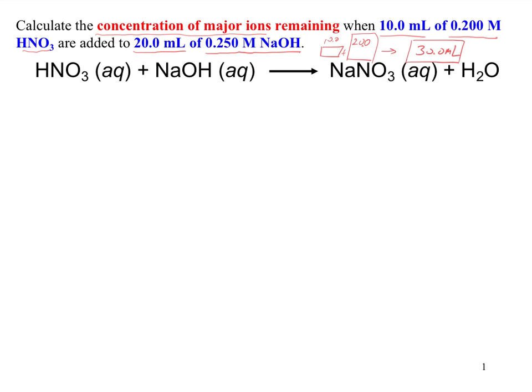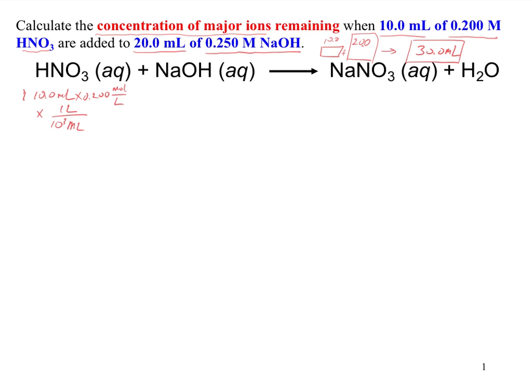So use the ICF table, initial, change, and final table. We need to figure out initially how many moles of nitric acid, HNO3, we have. That is 10.0 milliliter, the volume, times 0.200 molar, that is mole per liter, and we convert milliliter to liter, that is 1 liter corresponding to 1,000 milliliter.